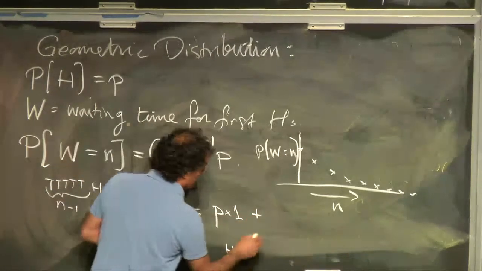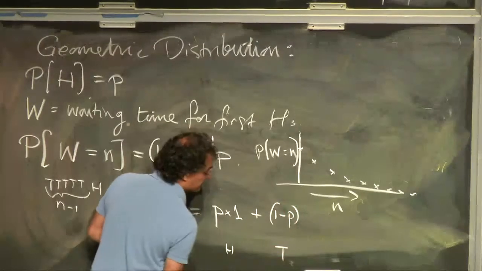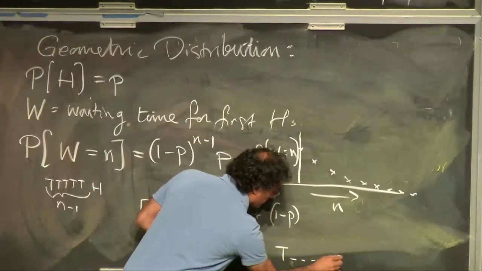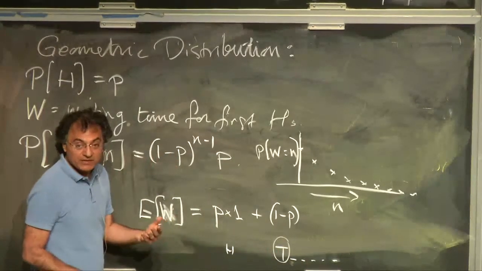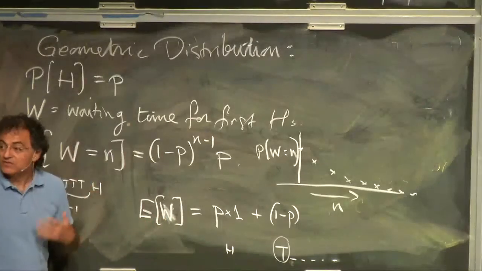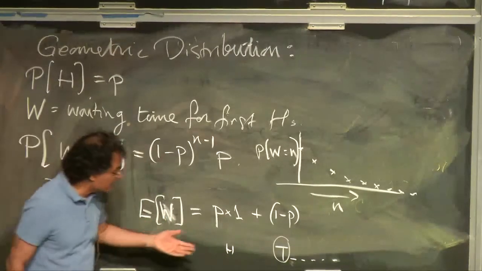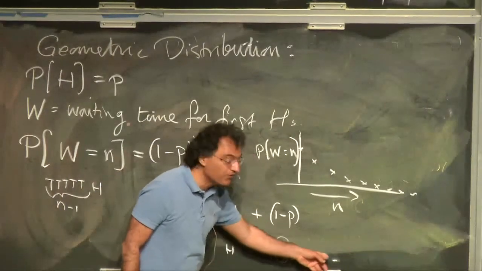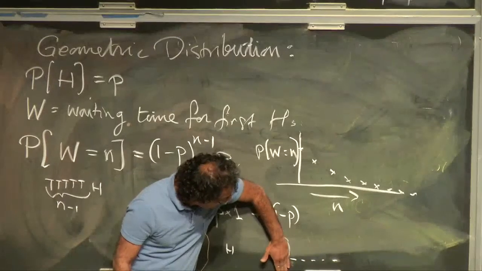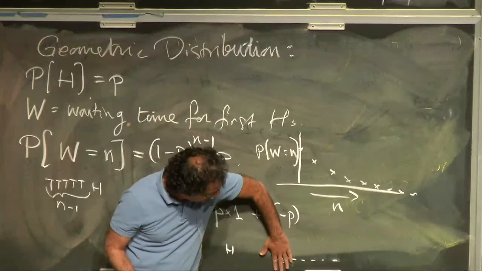Plus, with probability 1 minus p, you start off with the tails. And now, if you started with tails, how long do you have to wait? Well, here we use the fact that the coin is memoryless. It doesn't care that you started with the tails. The expected number of flips before you get a heads after this point is as though you started all over again, as though you didn't flip this first one.